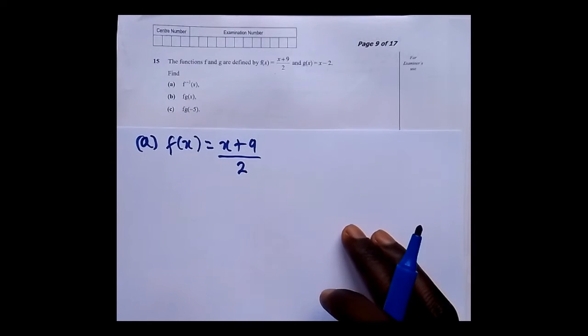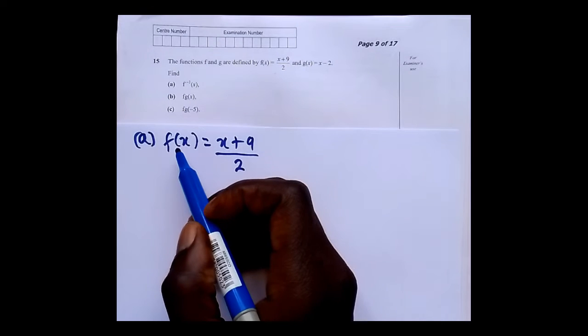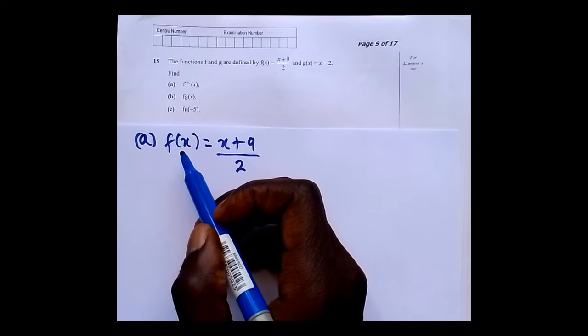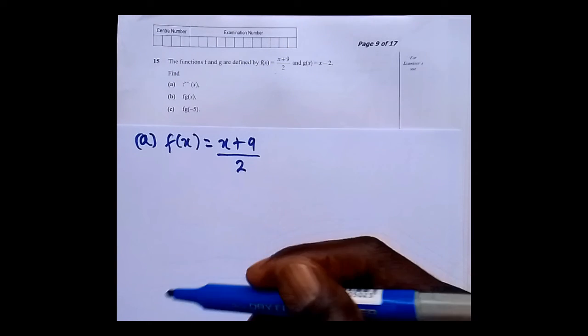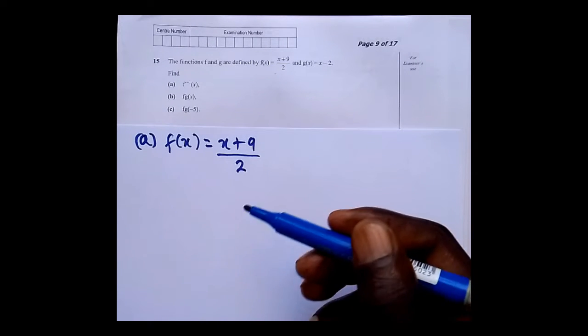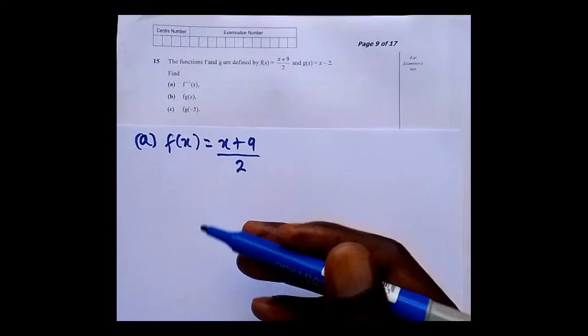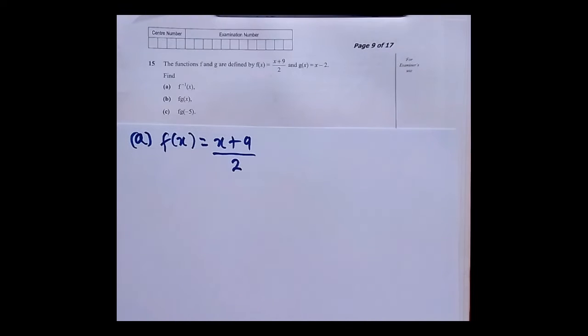The first one is we'll let f of x be y, and then after making f of x y, we'll change the subject of the formula to x. Then after making x the subject, we'll change x to the inverse, which is f inverse of x, and then we're going to change y to x.